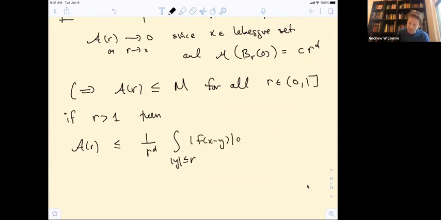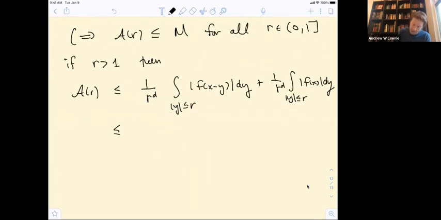We'll just use the triangle inequality. The integral is less than or equal to 1 over r to the d times the L1 norm of f, plus some constant times the absolute value of f of x.